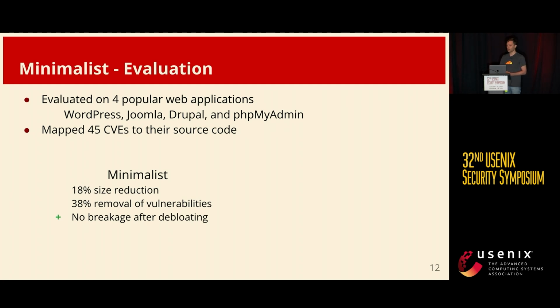And then we also went ahead and performed automated tests on these applications. We ran a crawler and a monkey testing framework on top of it, and on the same entry points, and we didn't observe any breakage, meaning that we didn't remove any code that wasn't supposed to be removed.